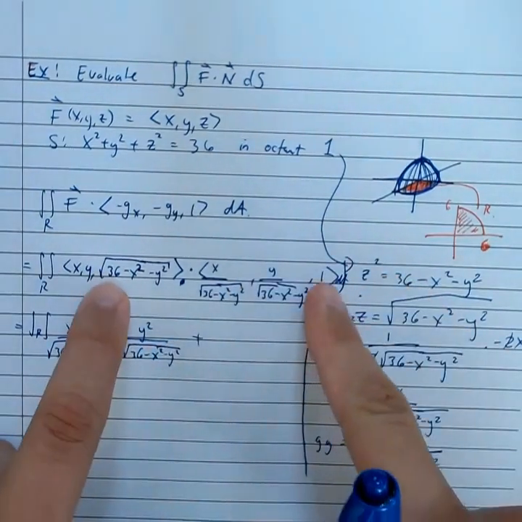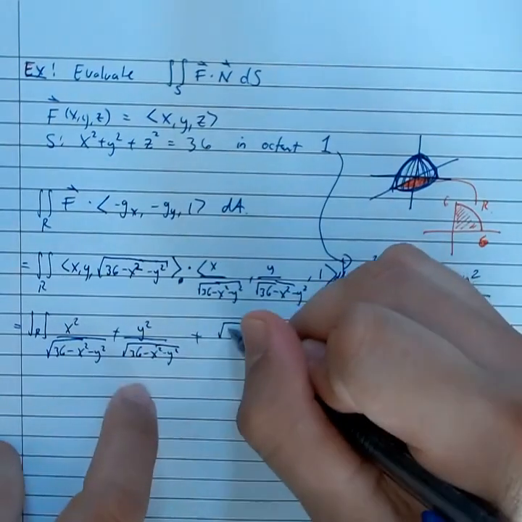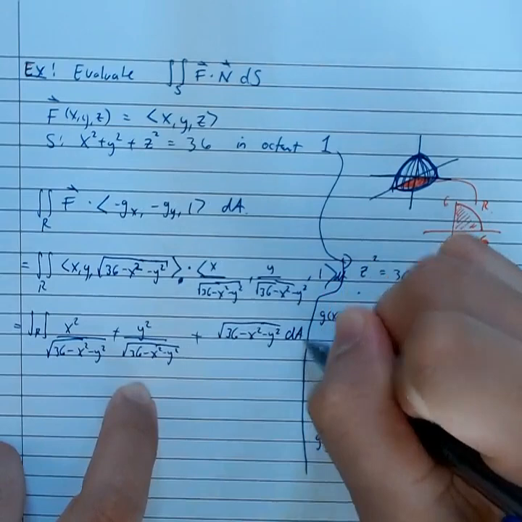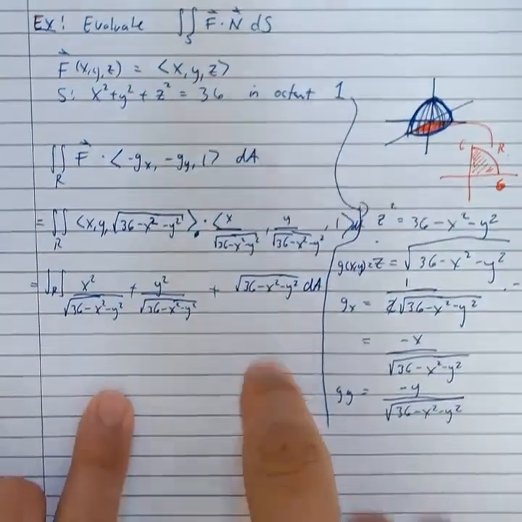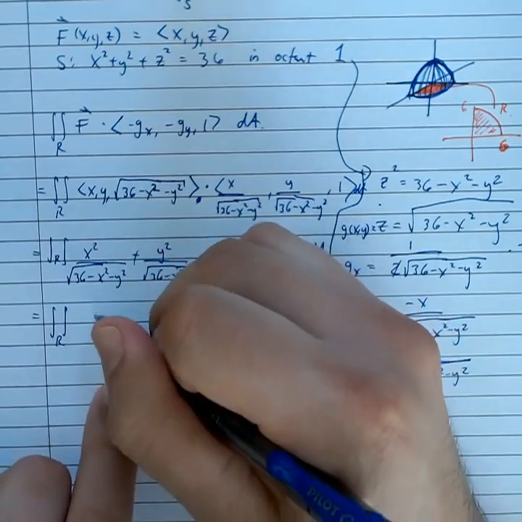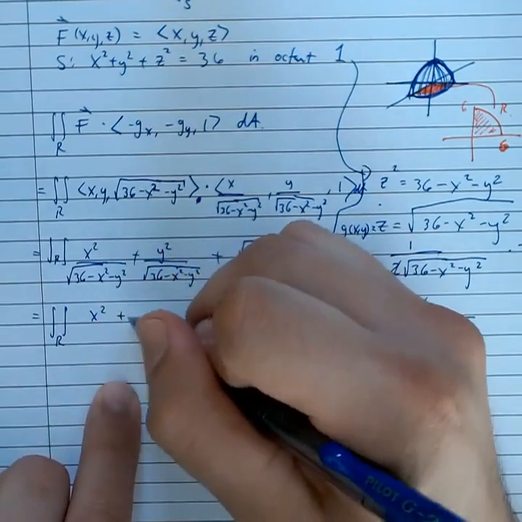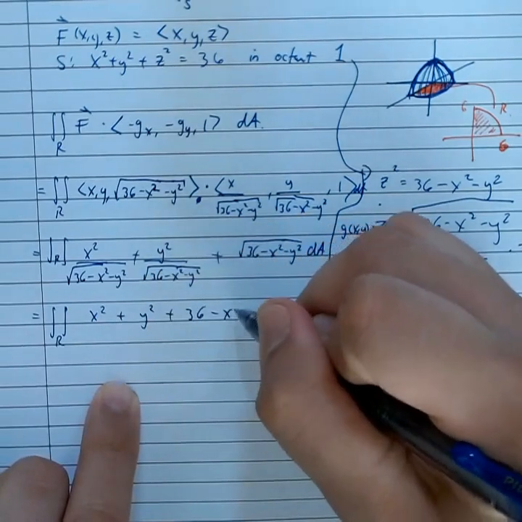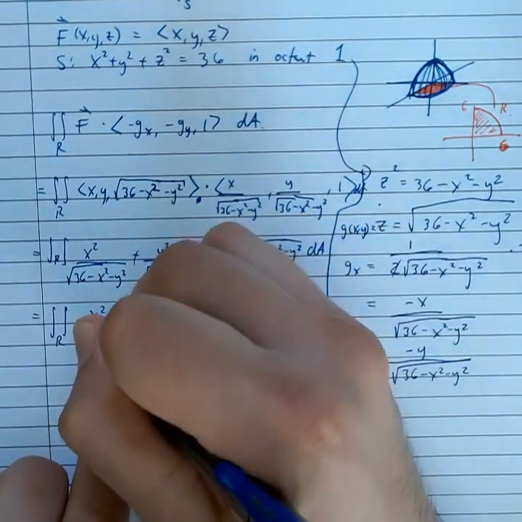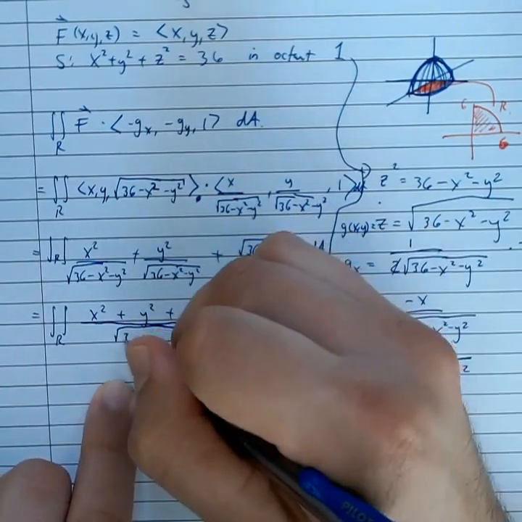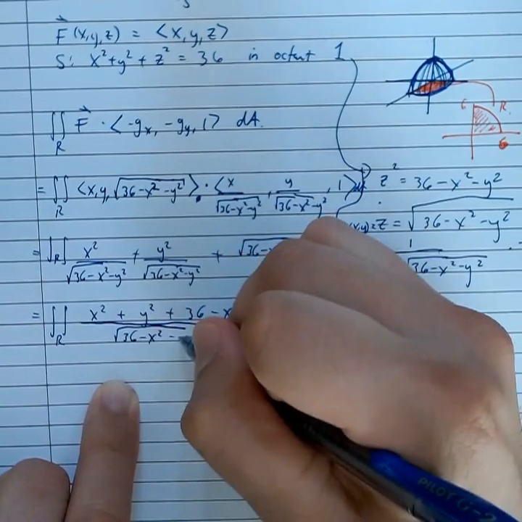Plus, 1 times that is just that. dA. Here, if I give all of these a common denominator, I can write this as the double integral over R of x squared plus y squared plus 36 minus x squared minus y squared all over the square root of 36 minus x squared minus y squared.